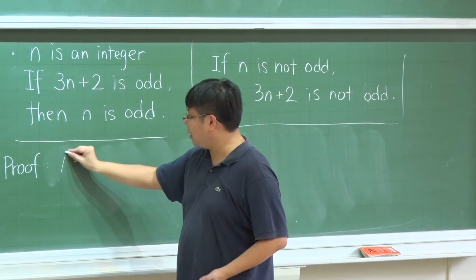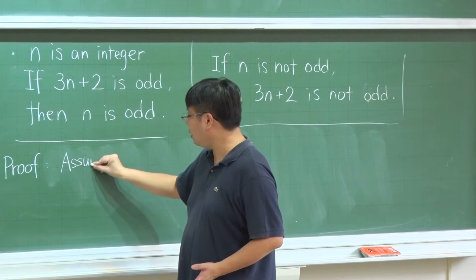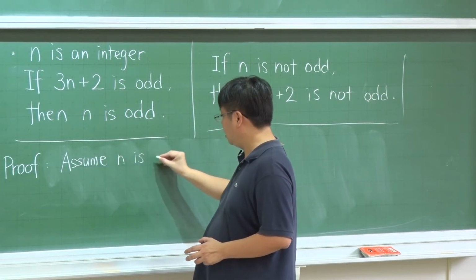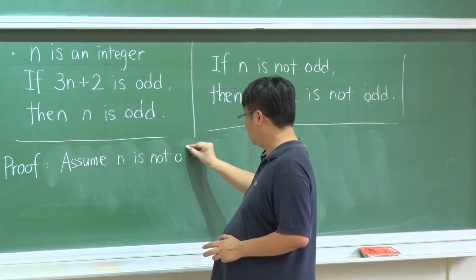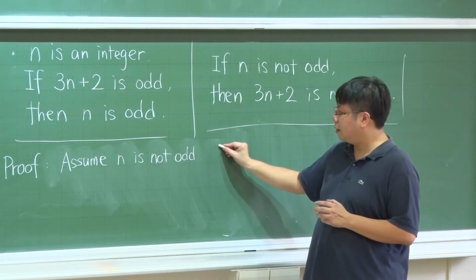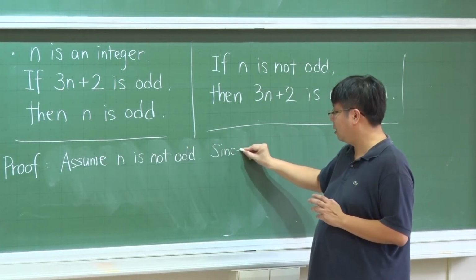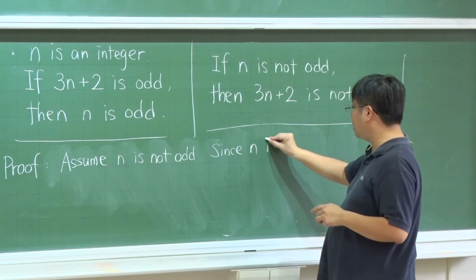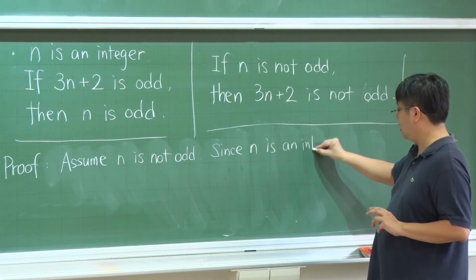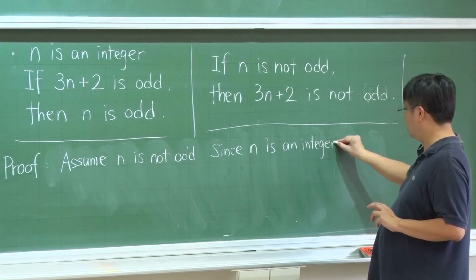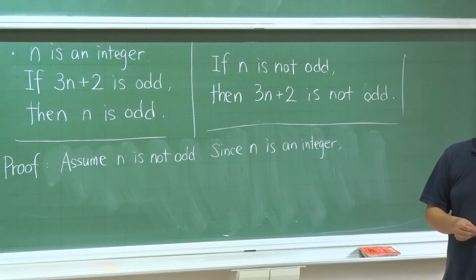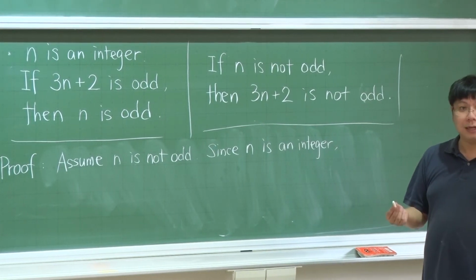So the proof is: assume n is not odd. Since n is an integer, and we assume that n is always an integer to talk about in both cases, this implies what? n is not odd, n is an integer, so it must be even.